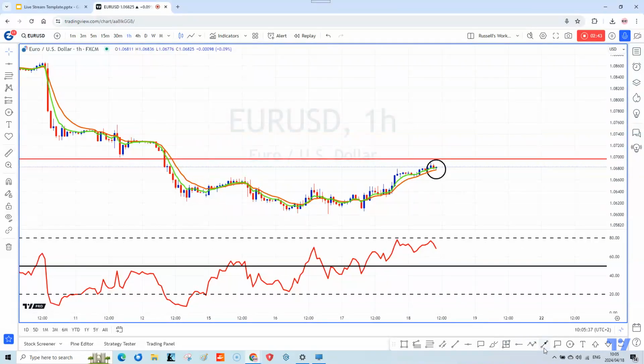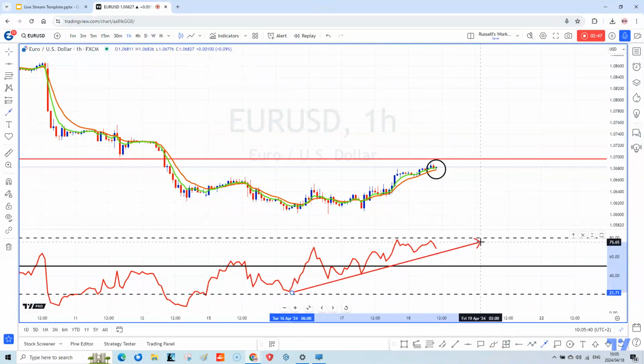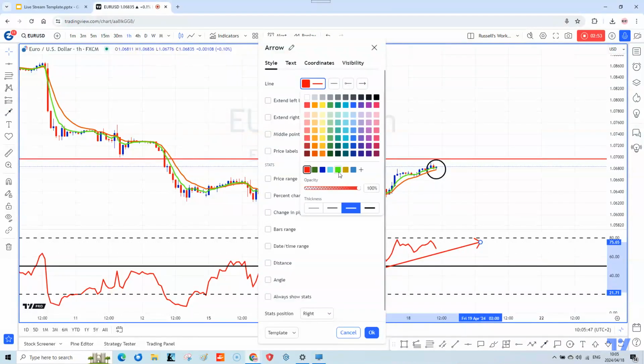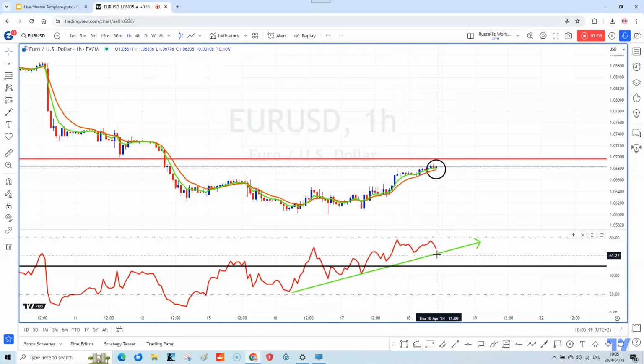And one way to test if we're going to get some sort of breakdown is just to keep an eye on the RSI as well. So I'm putting a trend line here. Just going to make it green. And if the RSI breaks down below that upward sloping trend line, that would be signal 1.